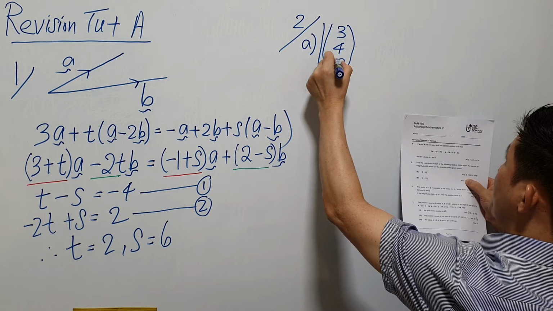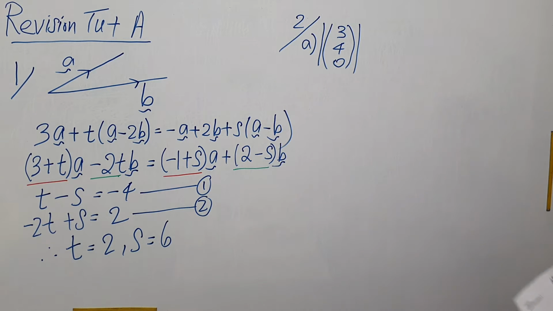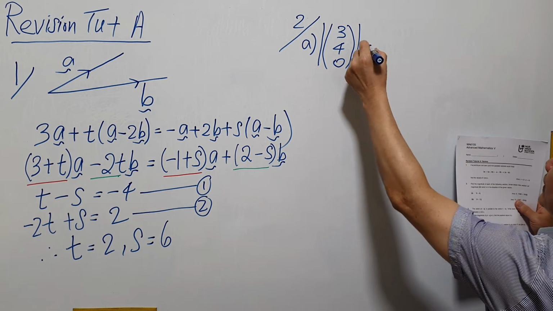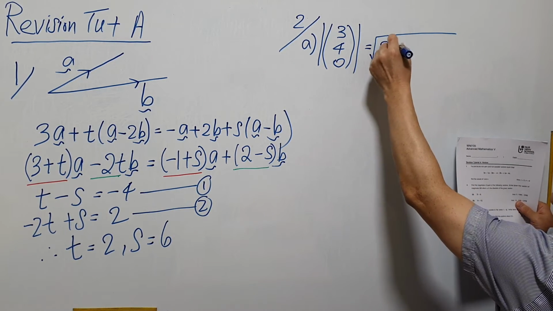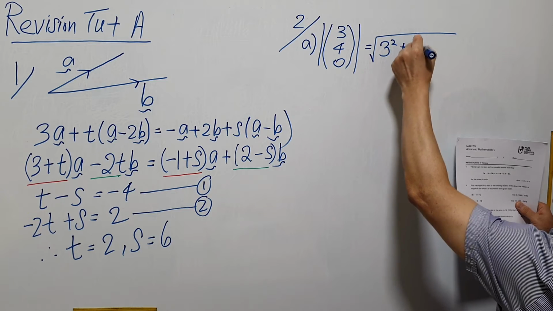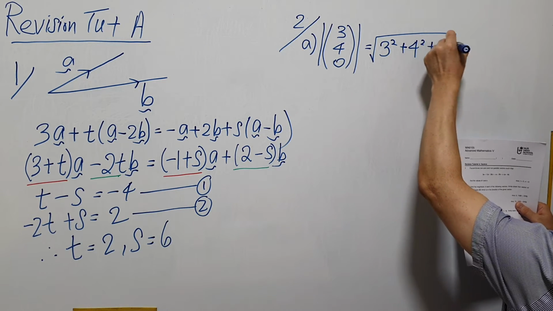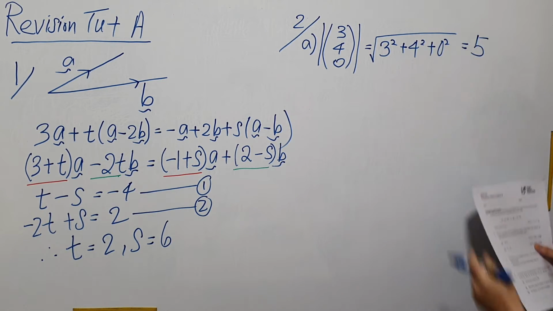Imagine that this is a 3-dimensional space. To find the magnitude of the vector, it is 3 squared plus 4 squared plus 0 squared, and this gives you a value of 5.